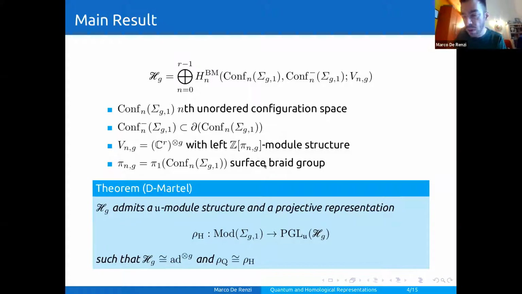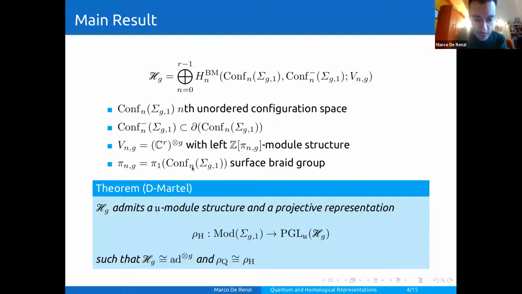This is typically called the surface braid group for the surface sigma g,1. And this coefficient space V_{n,g} is just the vector space C to the power r^g, but it comes equipped with an important action of the fundamental group of this configuration space. So we consider twisted homology, and there are other subtleties, for instance this BM notation. I will mention later what we mean by this.